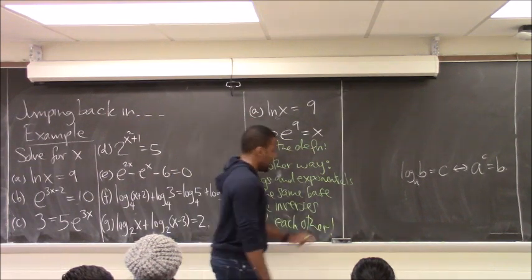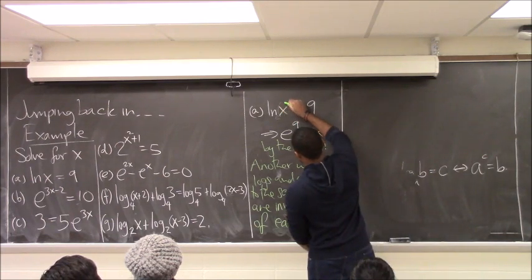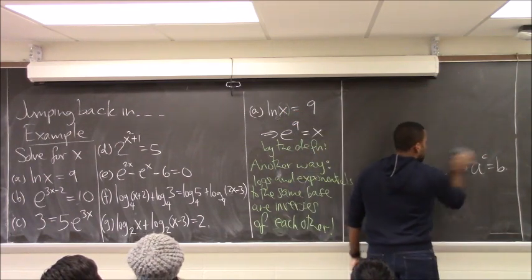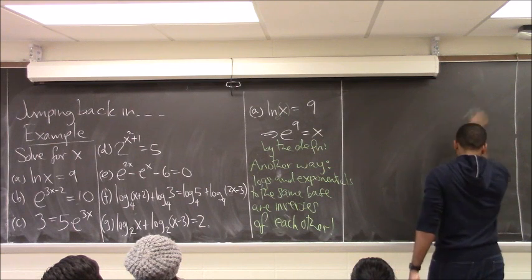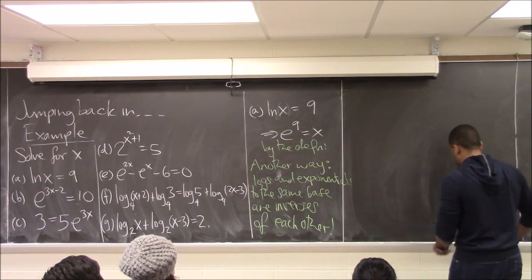So here, if I have a log, and the x that I want to solve for is stuck inside of a log, how do I break the x out? Well, I do the inverse operation of a logarithm, which is to exponentiate.